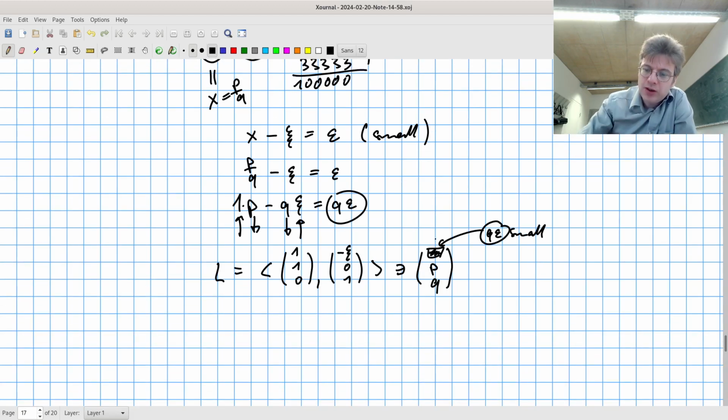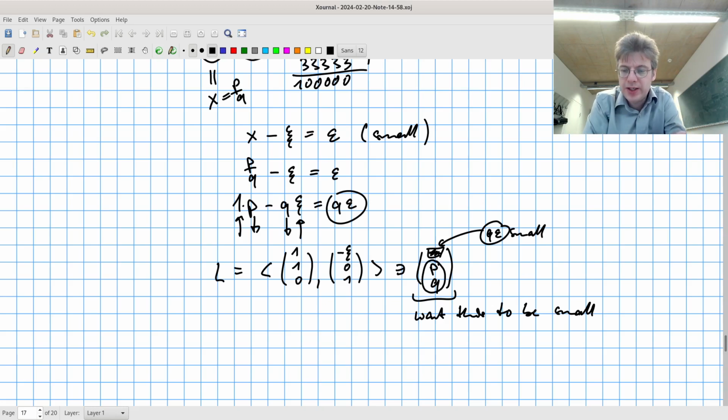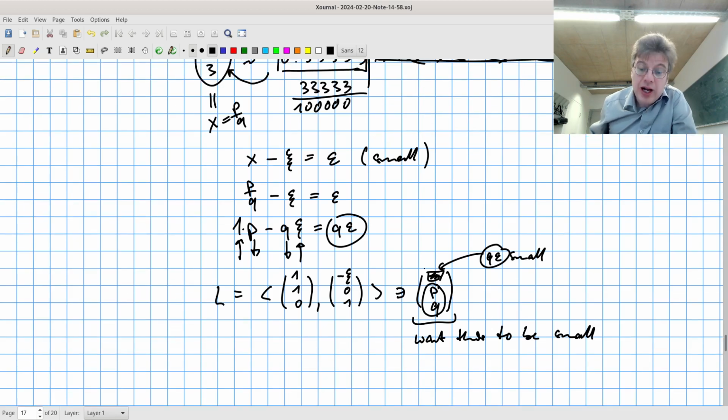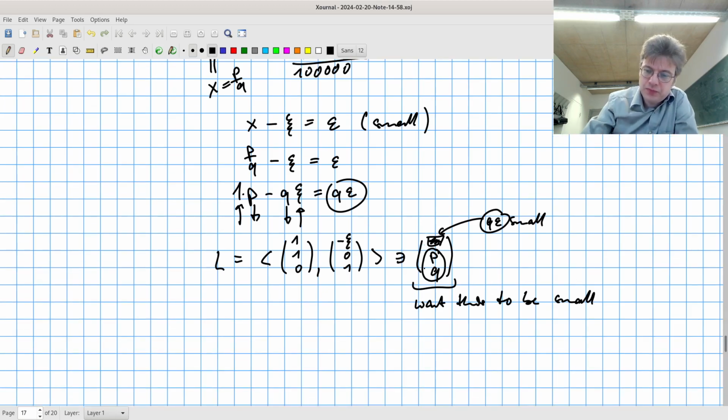However, I need the whole vector to be small. I want this to be small all together, but for p and q I don't really have a control how this could be small. They just are what they are, but I have some degree of freedom here, so we want these to be long.